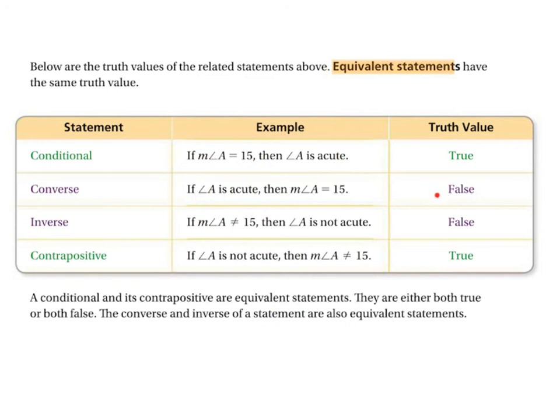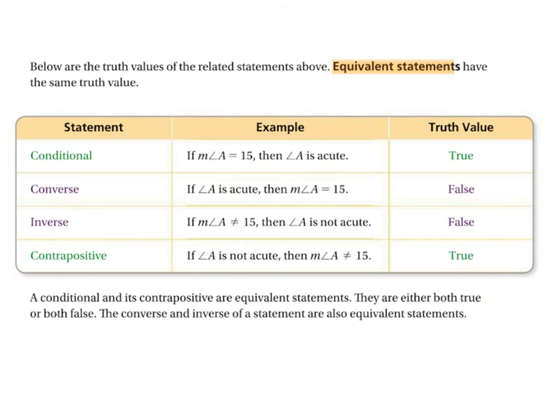It could be that they're all true or they're all false. Just know that these two will have the same, whatever they are, and these two will have the same. In fact, if these are false, they'll have the same counterexample. So a conditional and its contrapositive are equivalent statements, therefore they'll have the same truth value. They are either both true or both false, and the converse and the inverse are also equivalent statements. They're either both true or both false.